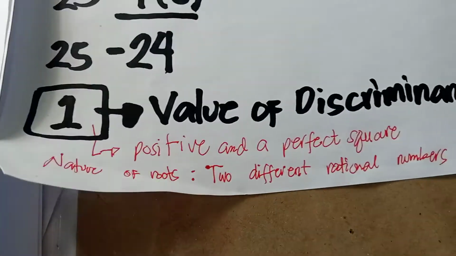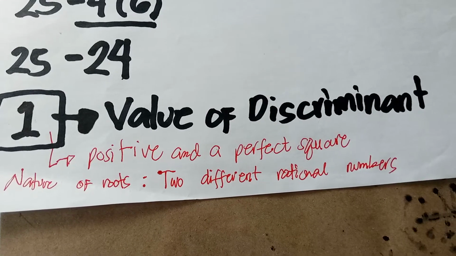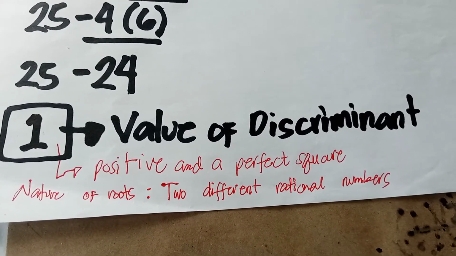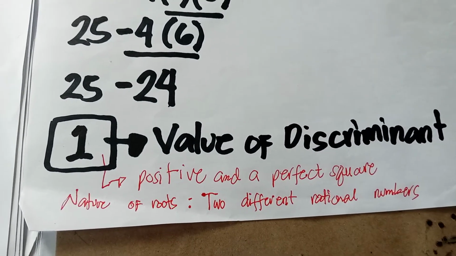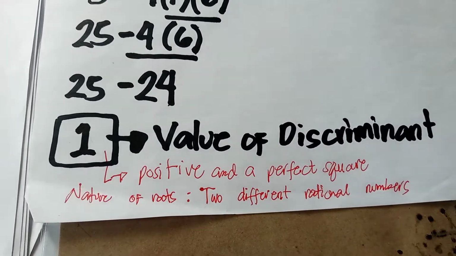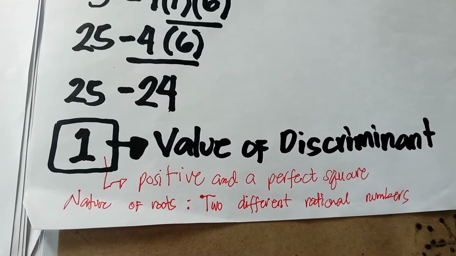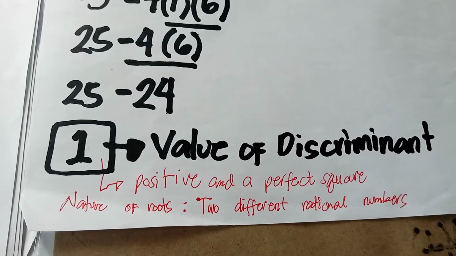Yan. So ato ang nature of roots is two different rational numbers. Kaya ato ang value of discriminant is positive. Okay. Pero ang value nato sa discriminant is perfect square. Ato apong nature of roots two different rational numbers gihapon.